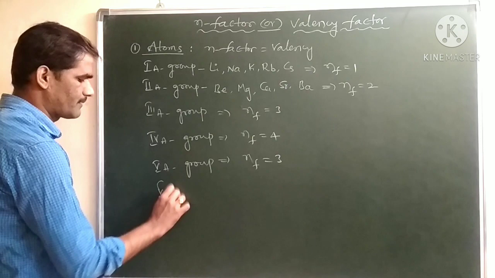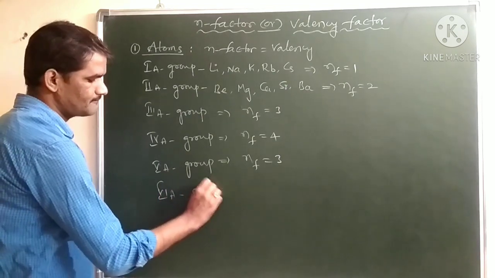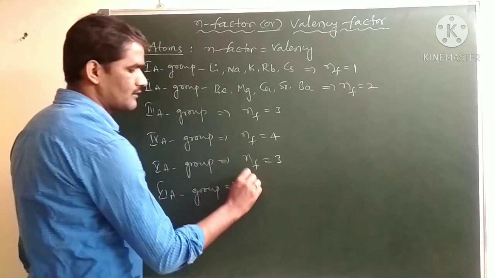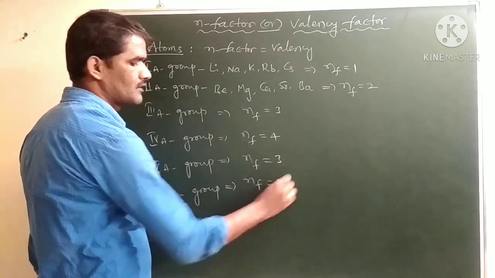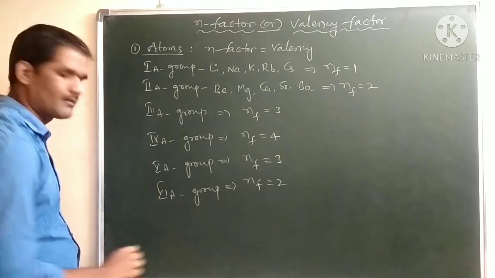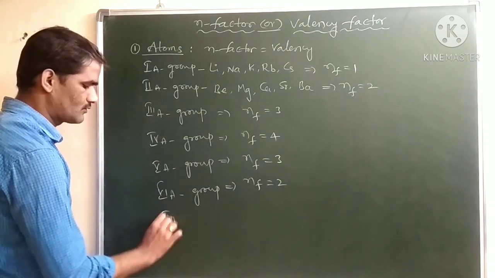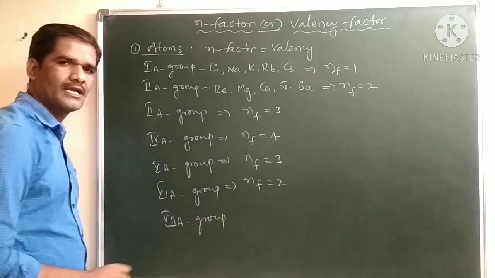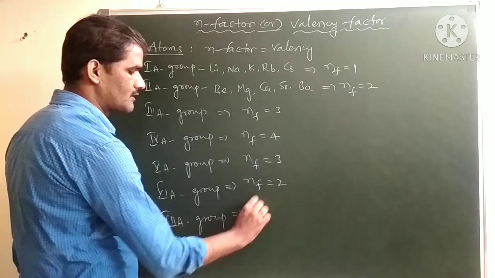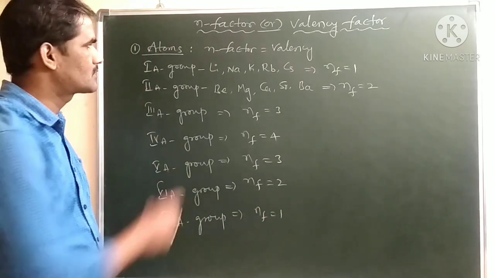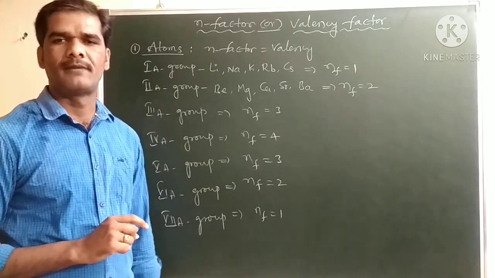And 6th A group elements, the oxygen family, the valency is 2 and N factor is 2. Similarly, the last one, the halogen family, the 7th A group elements, all these elements' N factor is 1. Why? Because their valency is 1. So these are the N factors of the elements.